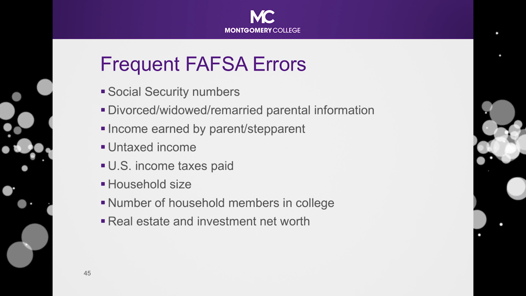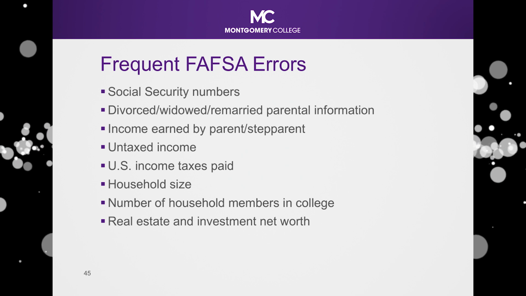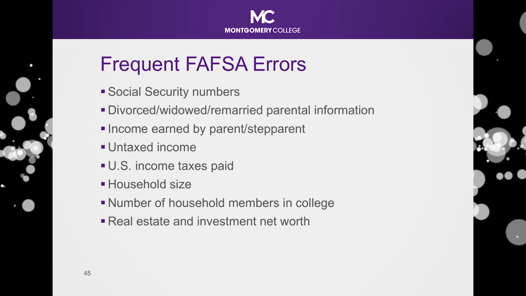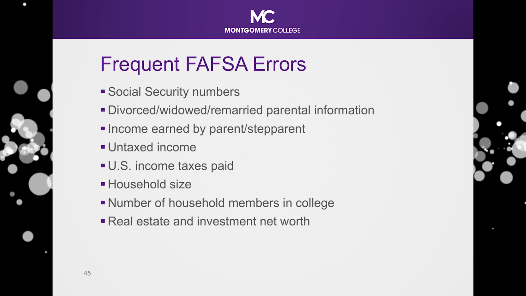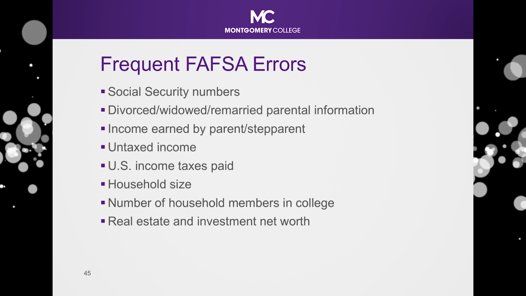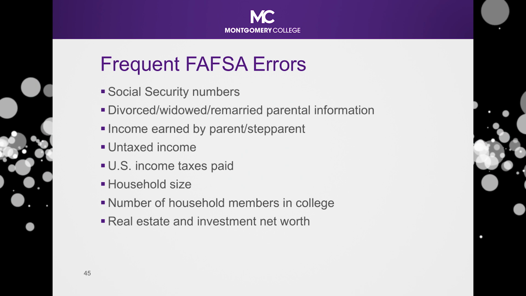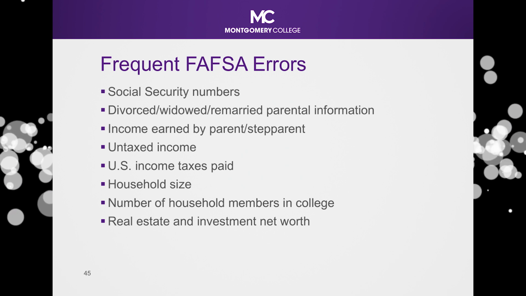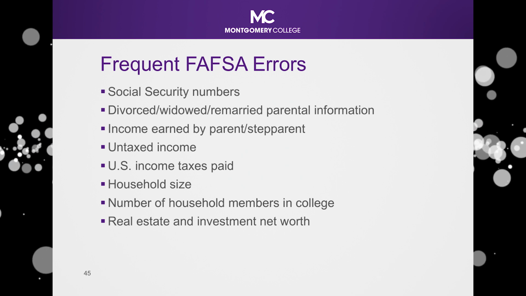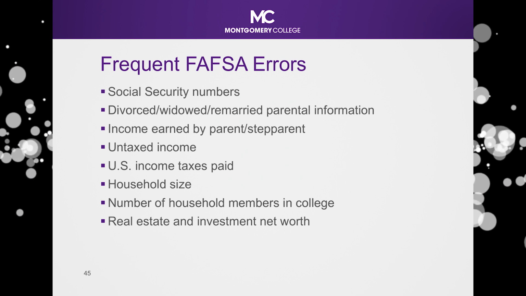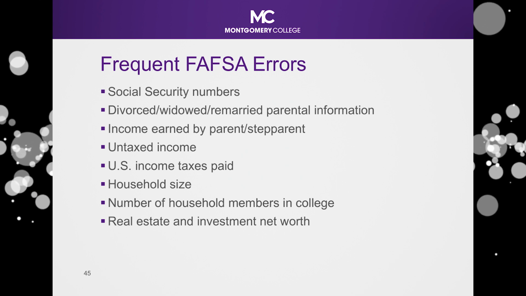Divorce, widowed, remarried, parental information. When you fill out the FAFSA, if you are married, you are married. If you have been divorced and you are remarried, at the time you're filling out the form, you're married. The student is giving information for the parent they live with most.